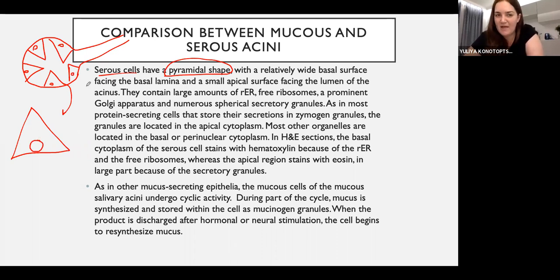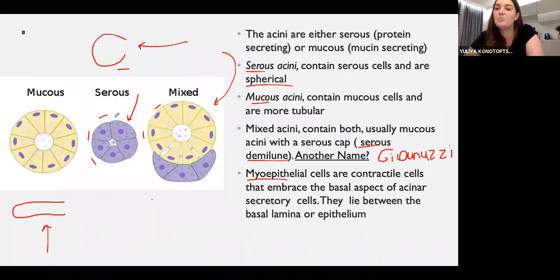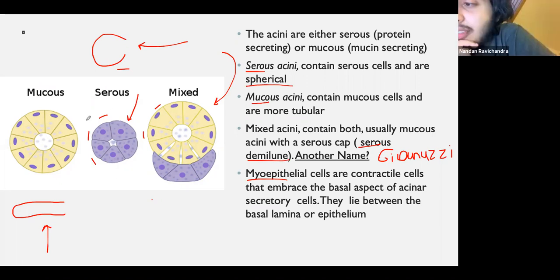You need to remember that serous cells, which you're drawing right now, have two colors. We say that the serous acinus is basophilic, yes, but the cells themselves have two colors. So this is a very important difference. Again, how is the color of the entire acinus? Basophilic.